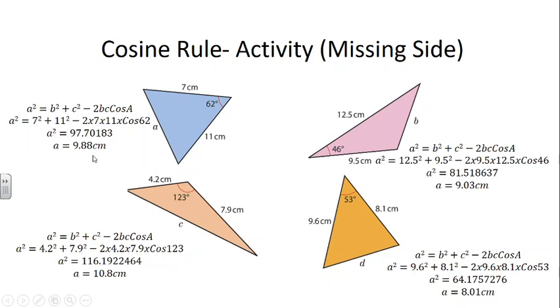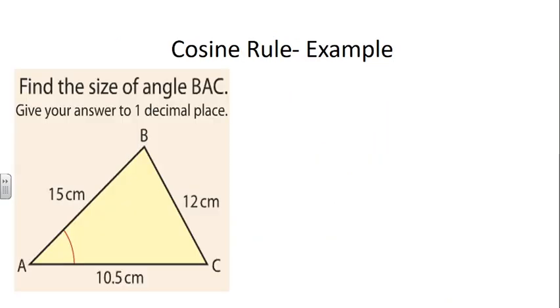I've just rounded there at the end and I've put my units on. Okay, same process for all 4 of those. If you did make any mistakes, just check your calculator that you typed in all of the times signs and all of the signs correctly. Moving on, we've now got to work out a missing angle.